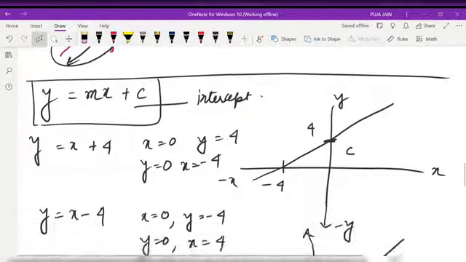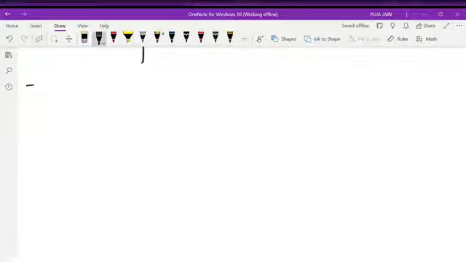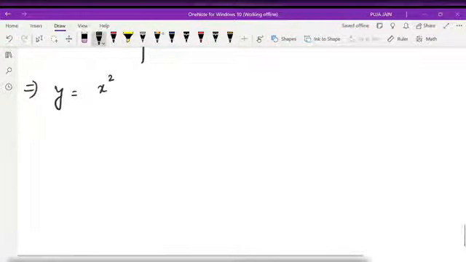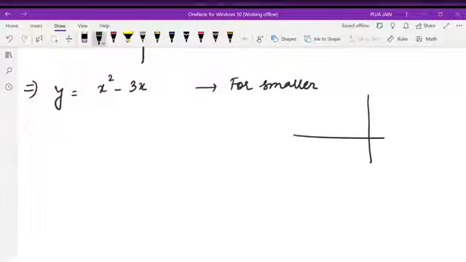Now, let's discuss another one. Suppose y equals x square minus 3x. Now you see, for the smaller values of x, separately, how does y depend on x square? In this way.